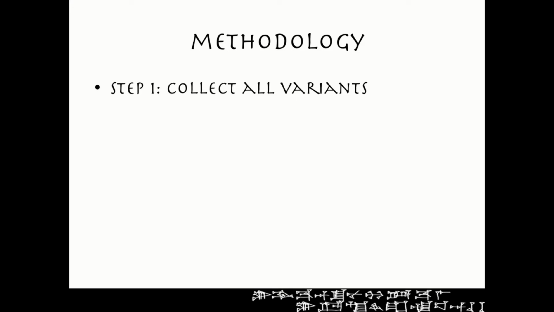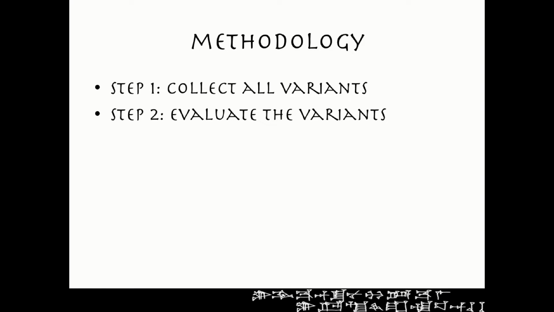So, what methodologies can we use? Well, the main methodology is pretty simple. We want to collect all the variants, so get all the manuscripts together, like I did in that example yesterday, and then look at all those variants, evaluate them, and see if we can figure out what the original reading would have been.